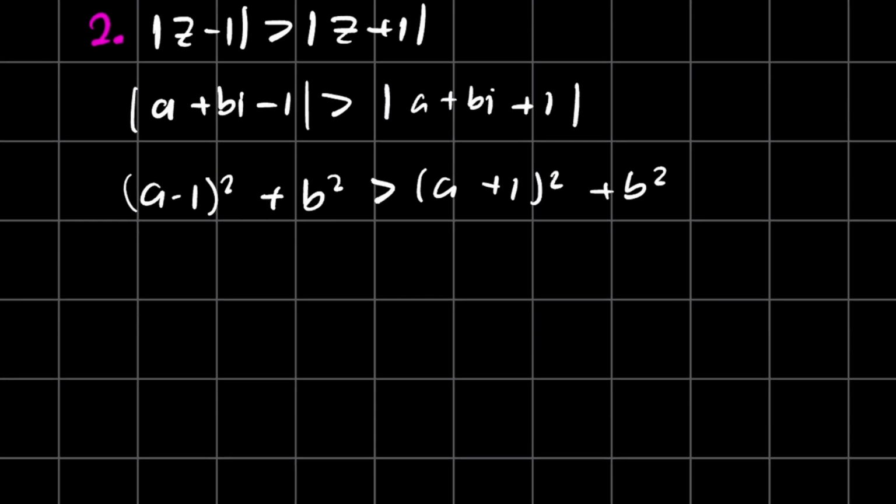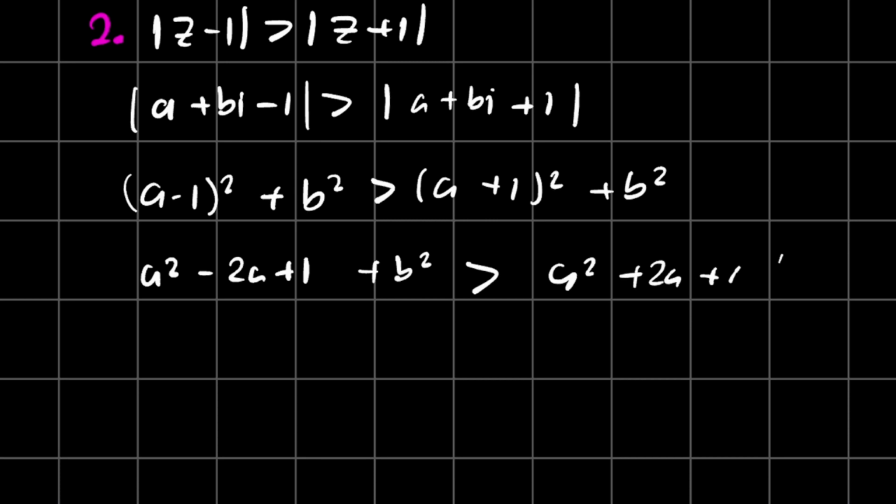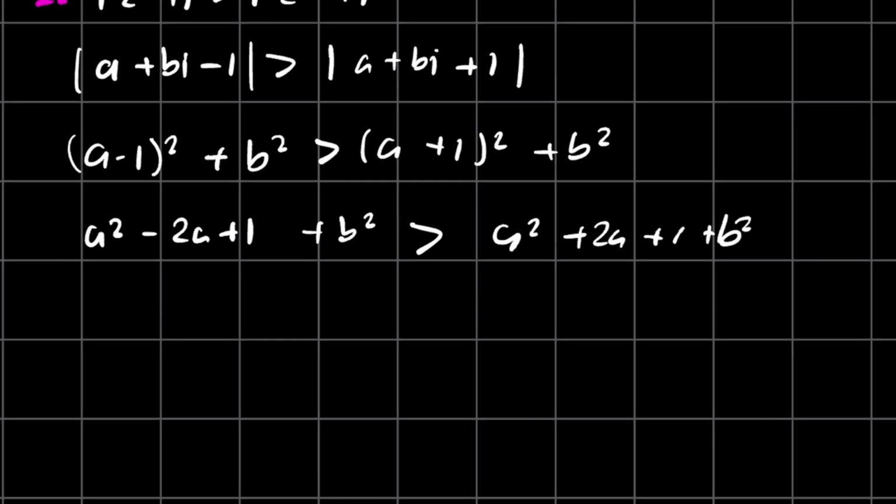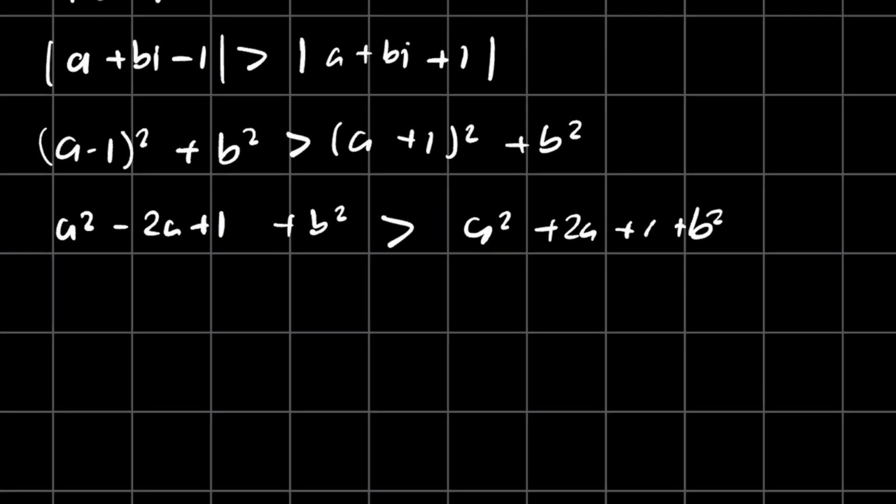So now that we have this, we can simply group common terms. We have to first expand this: a squared minus 2a plus 1 plus b squared, and this will be a squared plus 2a plus 1 plus b squared. We move the common terms.